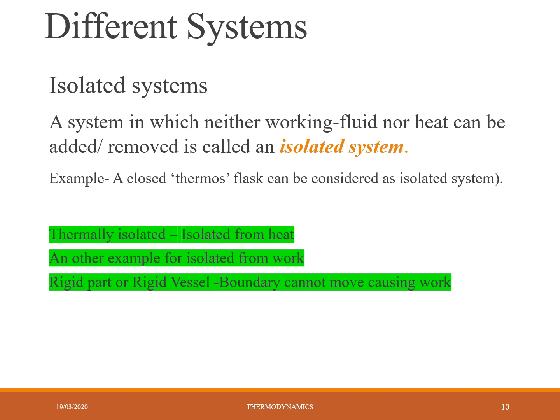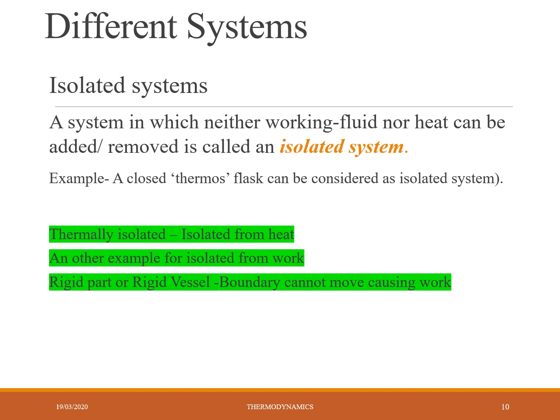Simply, working fluid or heat cannot transfer towards inside or towards outside. Such systems are called isolated systems. Example: a closed thermos flask can be considered an isolated system.